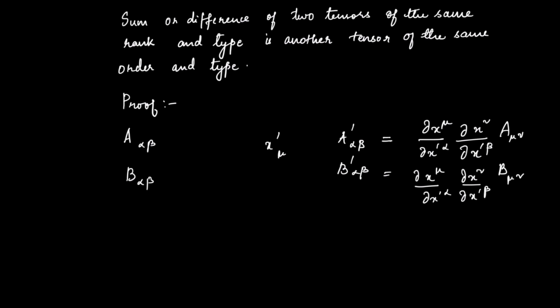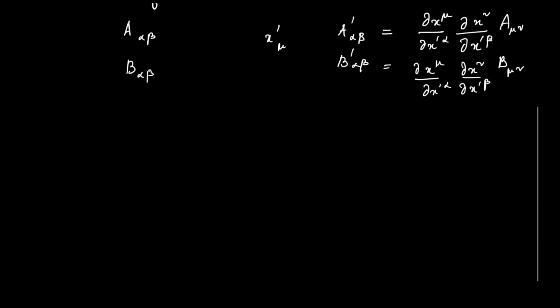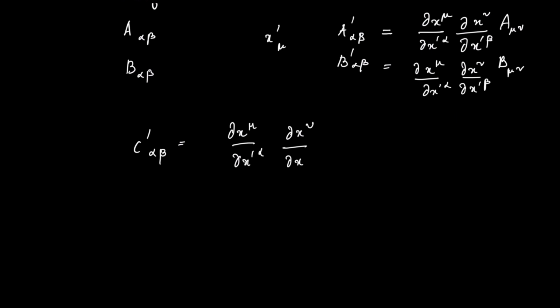Then I can define C prime alpha beta is equal to partial derivative of x mu with respect to x prime alpha, x nu with respect to x prime beta, C mu nu.